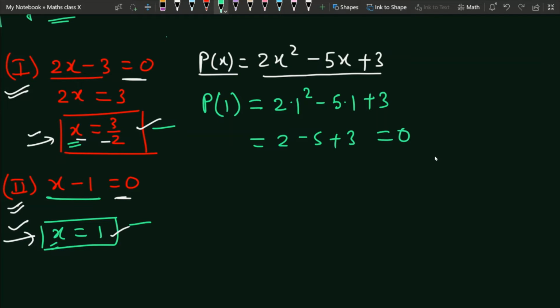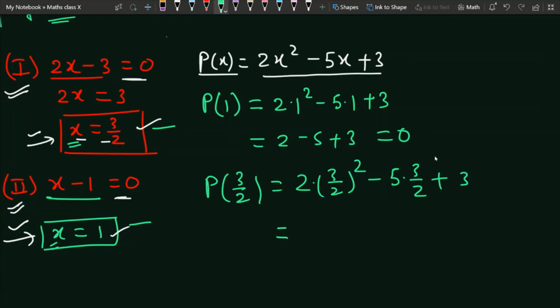That's what I said earlier, that when you put these values in place of x in the equation, it will become 0. p(3 by 2) also you can calculate: 2 into 3 by 2 square minus 5 into 3 by 2 plus 3.